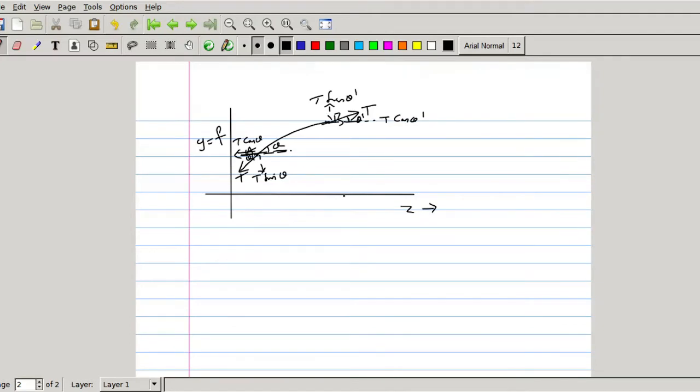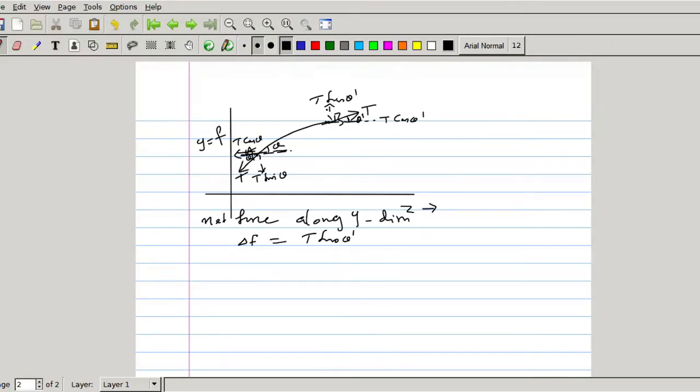So the net force along y direction, that I am taking as delta F along that small element of length. That's why delta is given. Net force along y direction, delta F is equal to T sin theta prime.